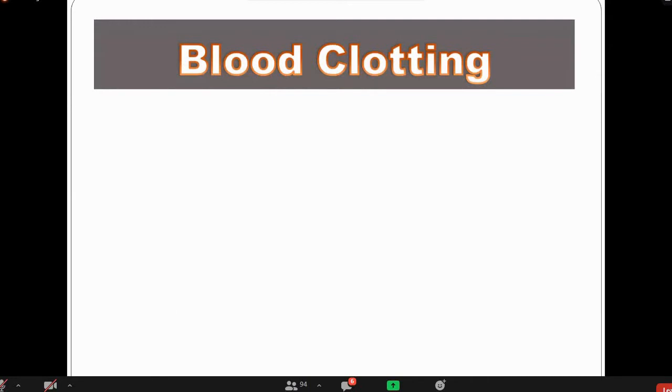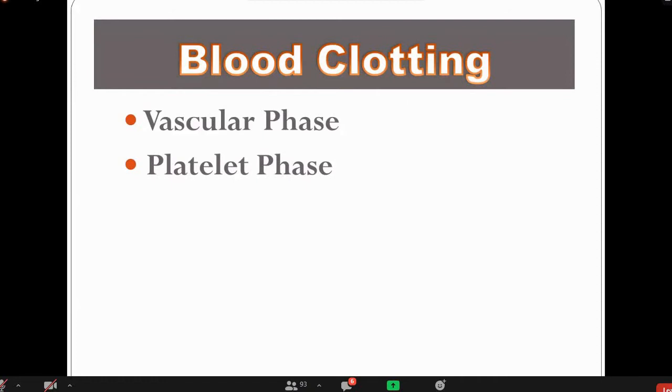Okay, first of all, we discuss the blood clotting phenomenon. If there is any puncture or damage, initially the vessels try to constrict, to prevent the oozing of blood. But if that is not controlled by the vascular spasm, the vascular constriction, the next phase starts.